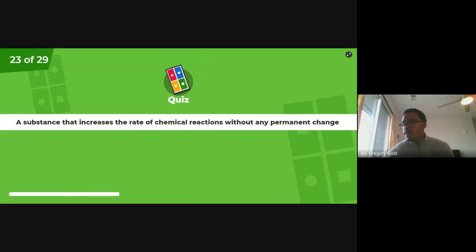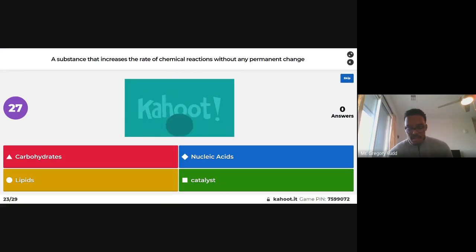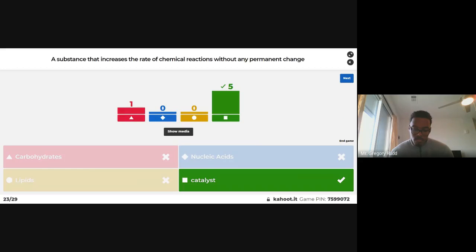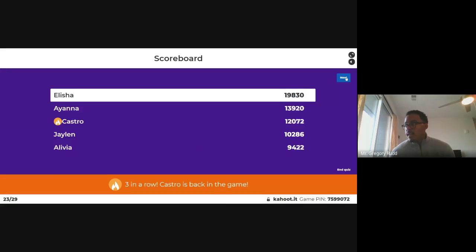A substance that increases the rate of chemical reactions without any permanent change... Good. Catalysts, aka enzymes.